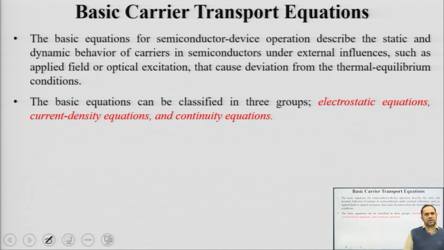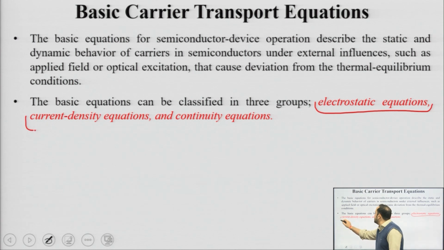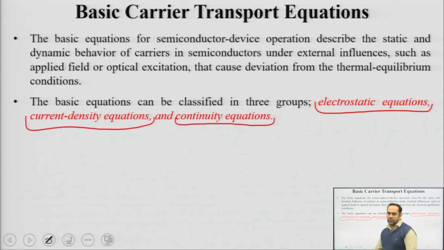These equations are going to describe how the charge carriers, your electrons and holes, are going to move inside the semiconductor. These are classified into 3 groups known as electrostatic equations, current density equations and continuity equations.